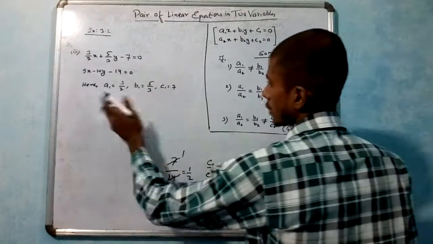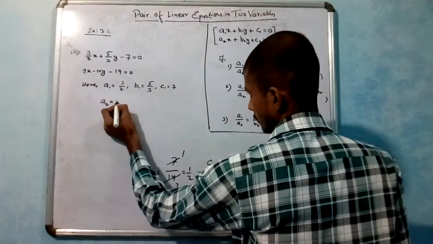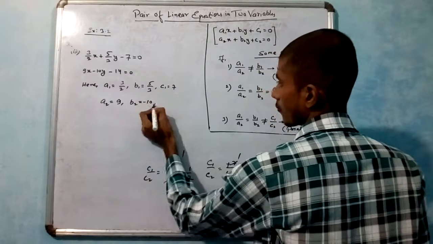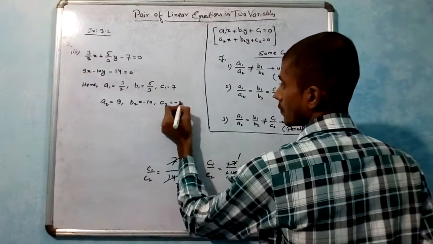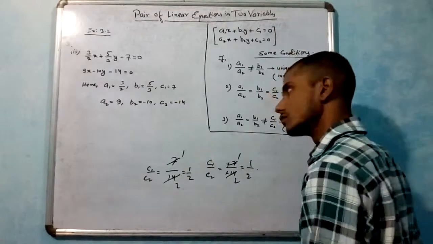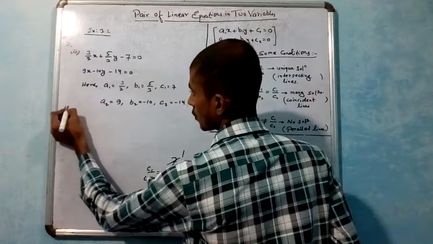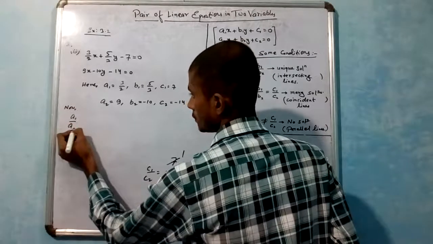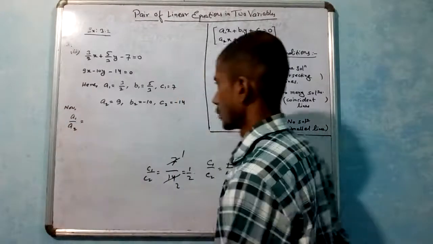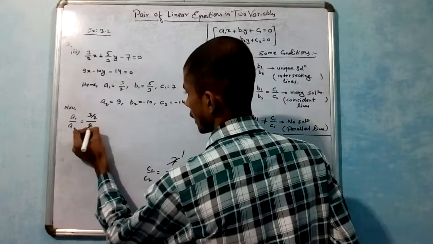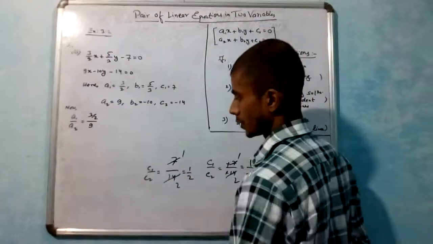So A1, B1, C1, A2, minus 10. Come on, help me. A1 by A2, no. So 3 by 2 divided by 9. Now how can we solve this?